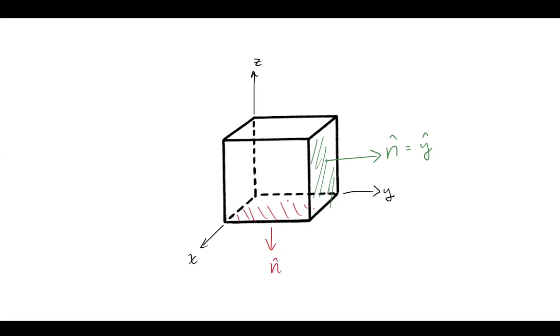Well, if you move around on this surface, you're changing in the x and y directions, and the normal vector is z hat. So by using a cube or a rectangle in the Cartesian coordinate system, it's often pretty easy to figure out what the normal vector is if you have a convenient object in that coordinate system.